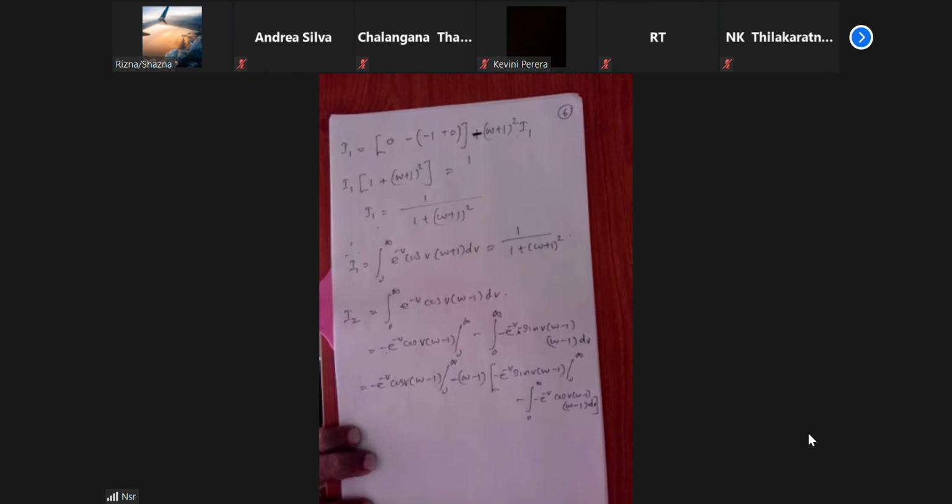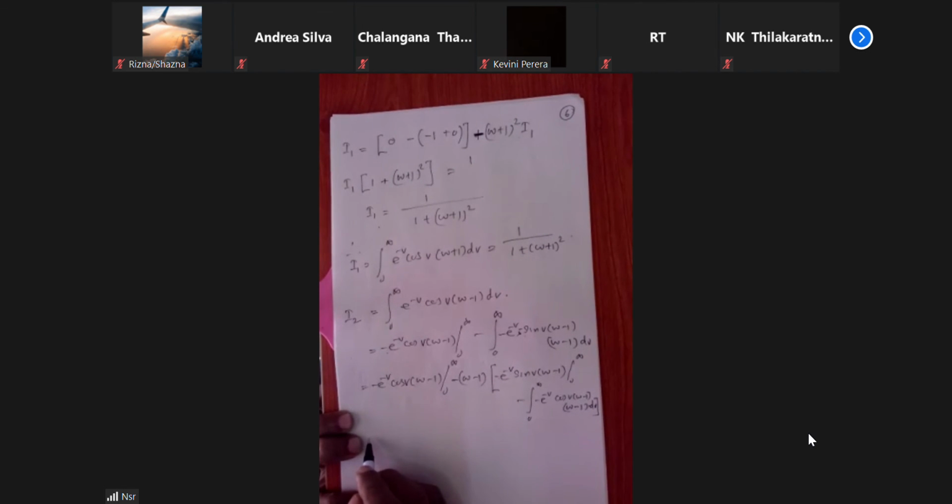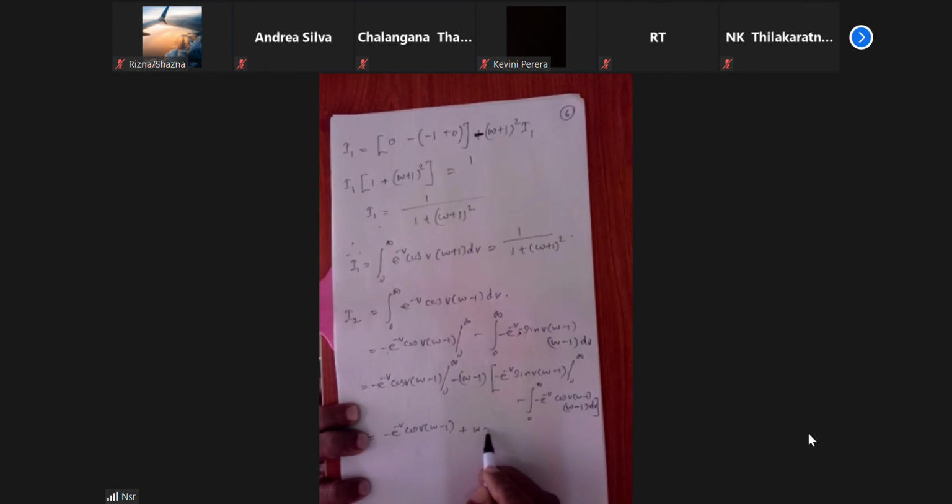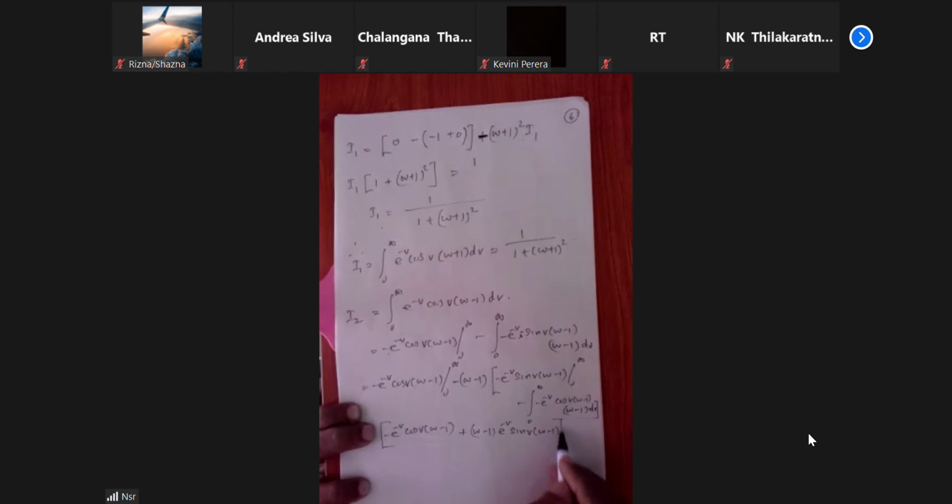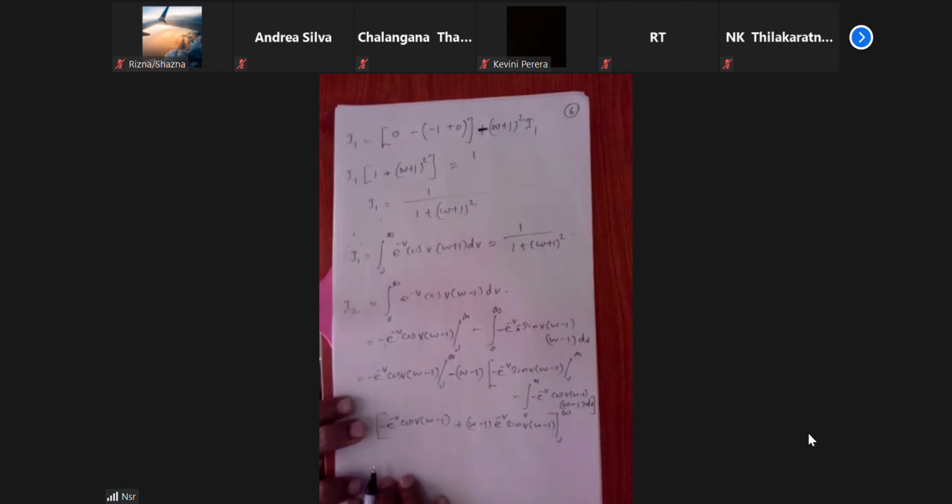Yes, sir. Okay, now like the previous example, you can take these two outside the limit. So then you have minus e to the power minus v cos v (omega minus 1). This becomes plus (omega minus 1) e to the power minus v sin v (omega minus 1), that is 0 to infinity.